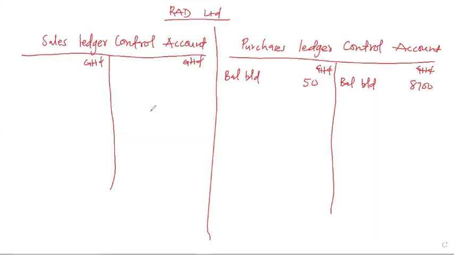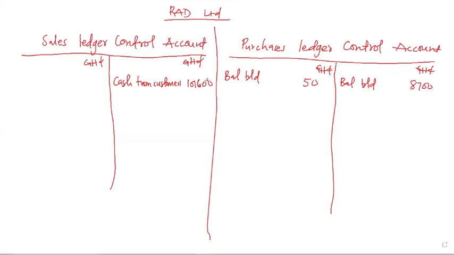So we have cash from customers, which is 600.